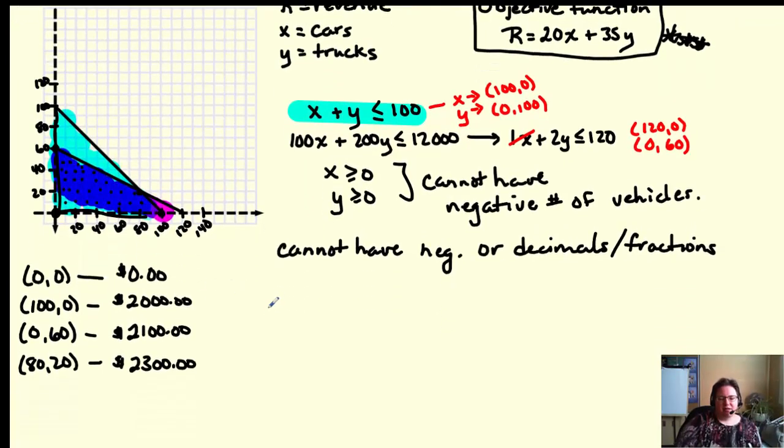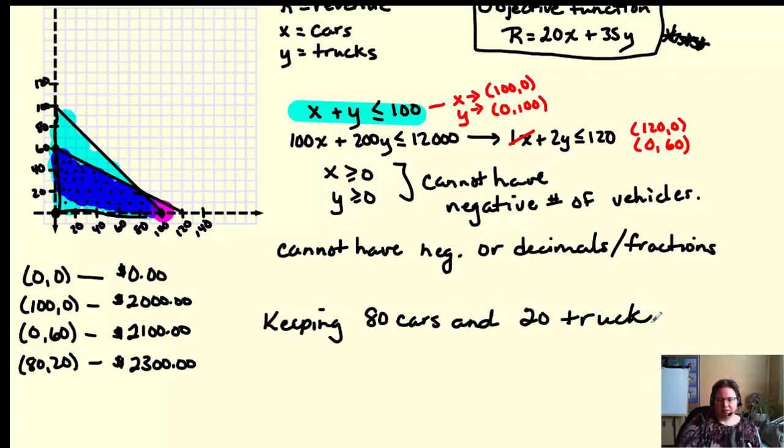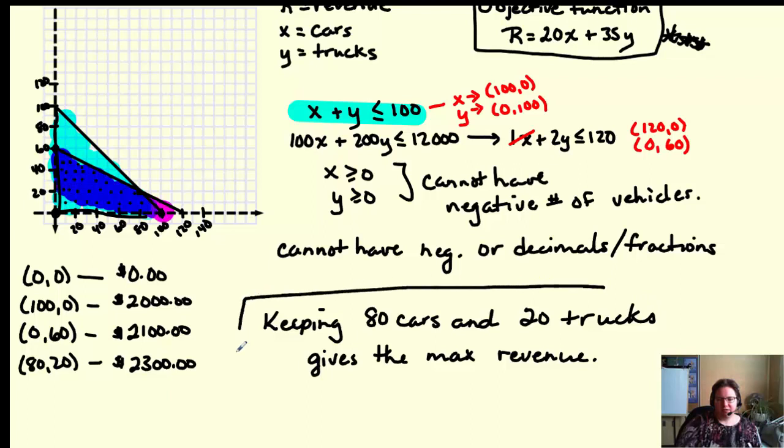So selling or keeping 80 cars and 20 trucks gives the maximum revenue. So that right there is your final answer to the question.